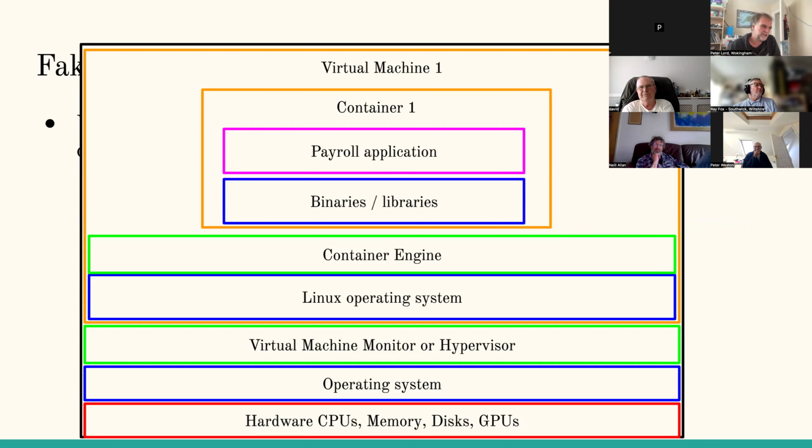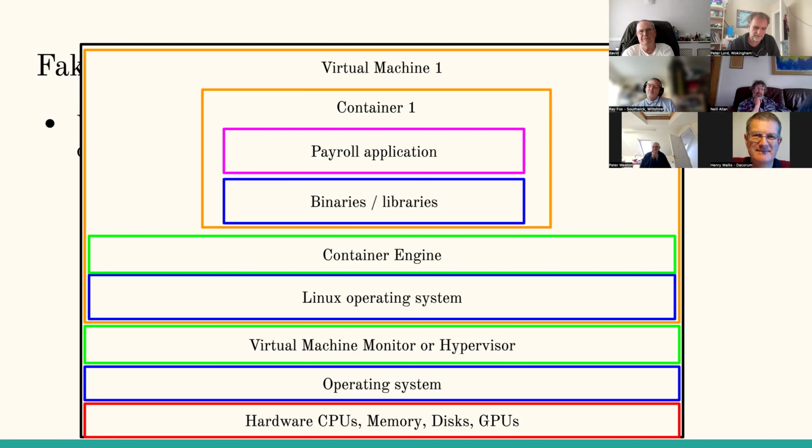So the way you actually do it with Linux, devices such as cameras and GPUs and so on appear on the file system in the /dev file system structure. So what you do with a container is you allow a container access to a particular /dev/something, whether it be a camera, whether it be a software-defined radio, whether it be a GPU, and so on. So you have to specifically grant a container access when you start it up.